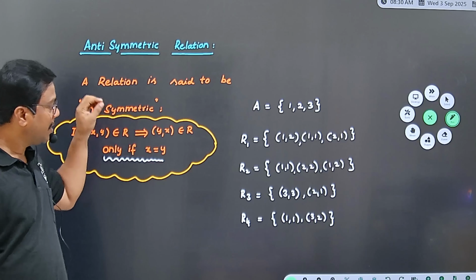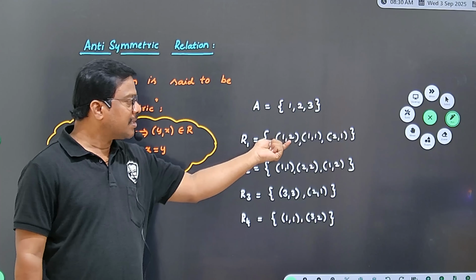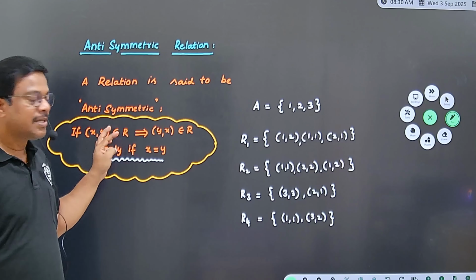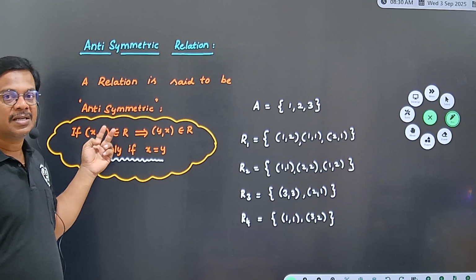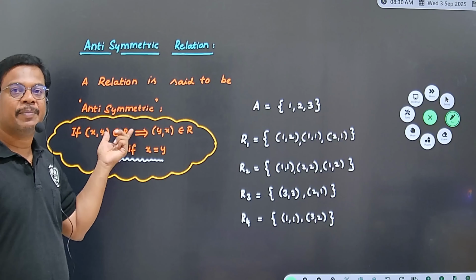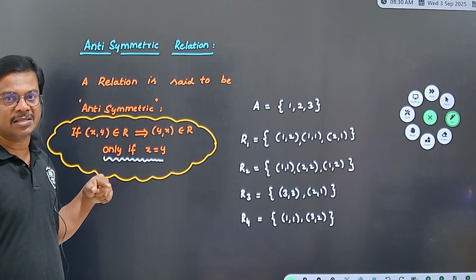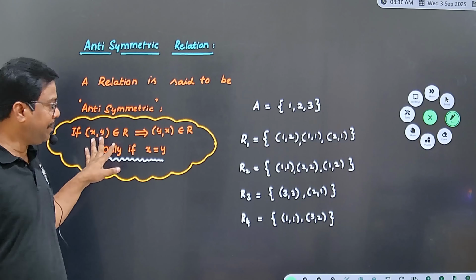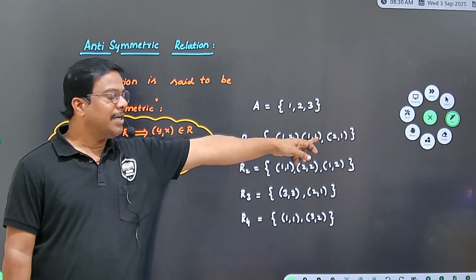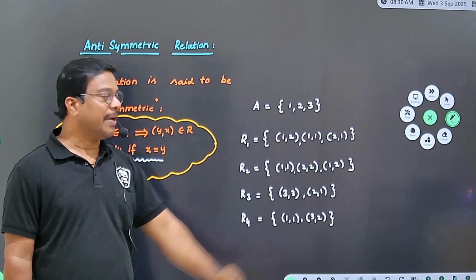If both the coordinates are the same, its reverse, that is its symmetric pair, also belongs to that relation. Otherwise, you cannot write its symmetric pair.